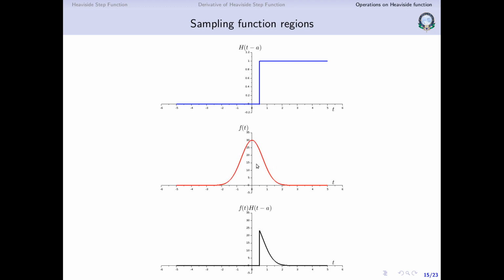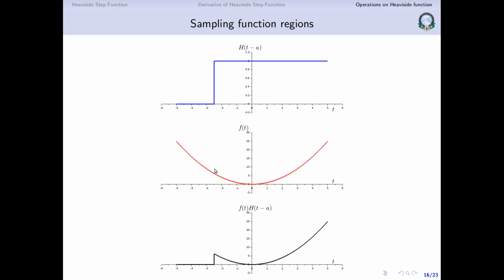Now if I multiply this function with this, then for all values of t which are less than a, this is a, the product is going to become 0, so we'll have zeros everywhere here. For values which are greater than a, the function will remain as it is, so we'll have the same function itself for t greater than a.